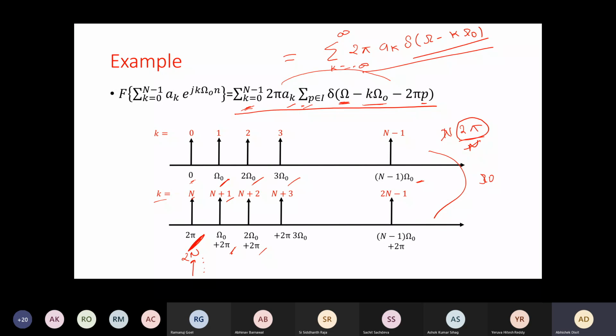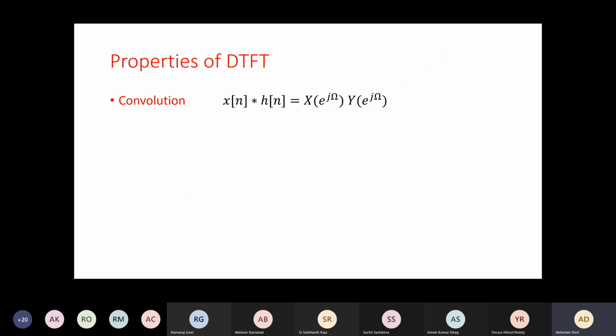Sure. And now let us look at some properties of DTFT. I will not prove these properties because we have proven these properties for CTFT. The proof also remains similar. I'm just recapping some of the other properties. So this is convolution.